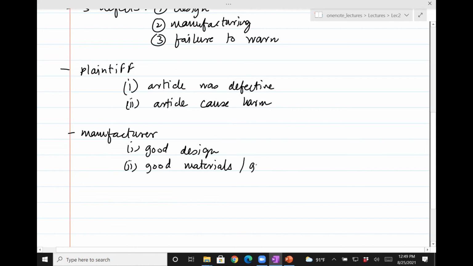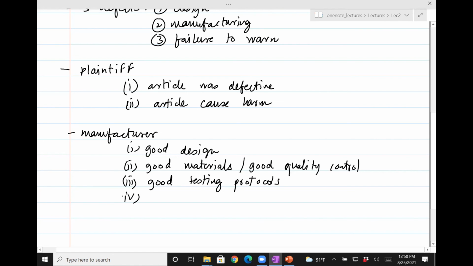You want good quality control. Okay, before you roll out a part, you need to test it out. And then the last thing is, well, good testing protocols. And the final thing is warnings, right? Tell people what it can be used for and what cannot be used for.